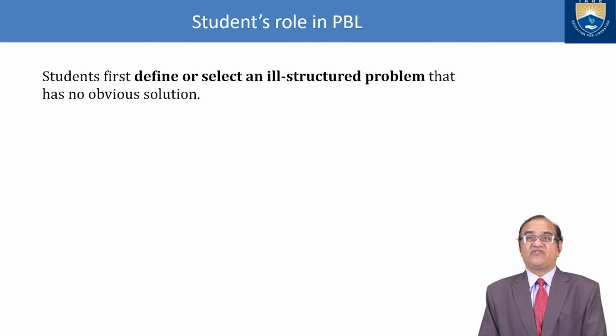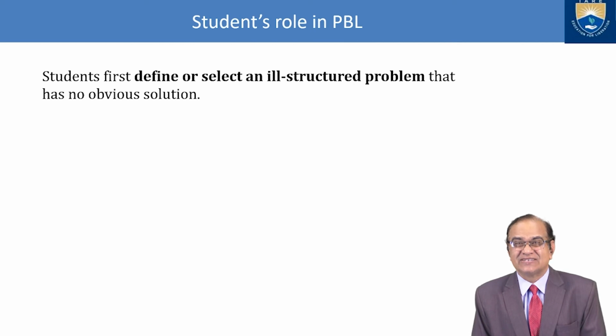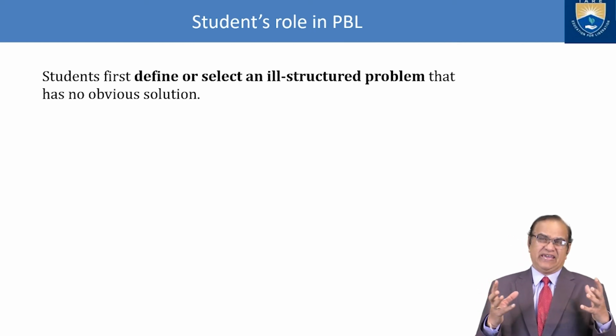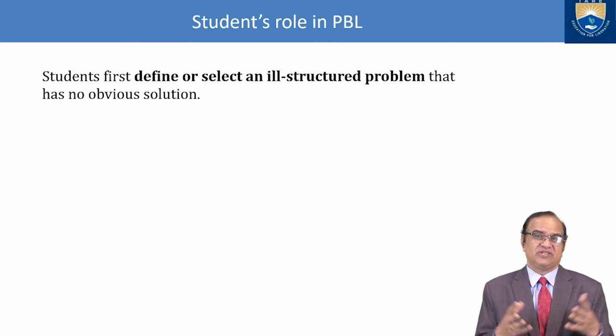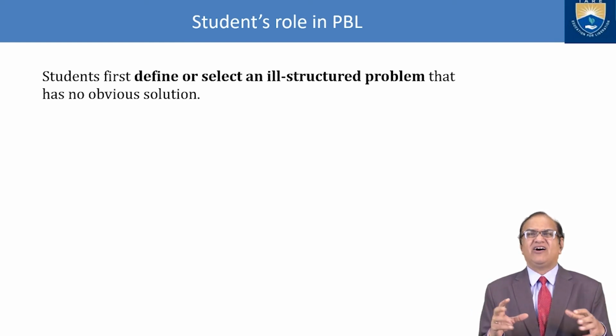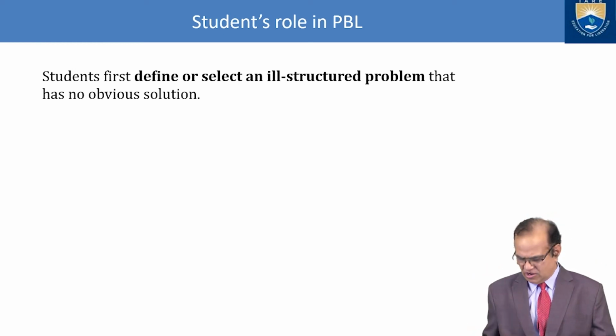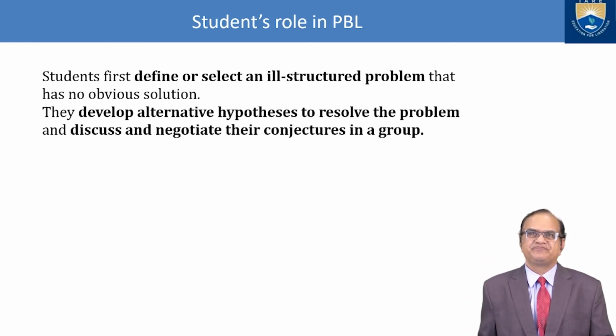Students first define or select an ill-structured problem that has no obvious solution. Students are very raw, so they don't know anything. So first they define or select an ill-structured problem, a rough problem they have to structure.